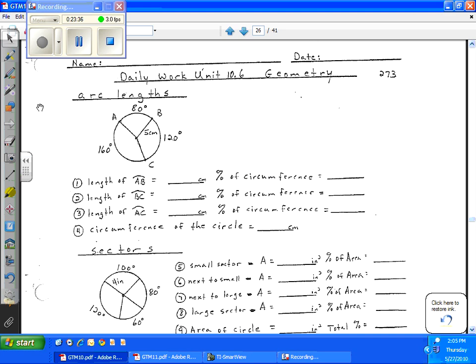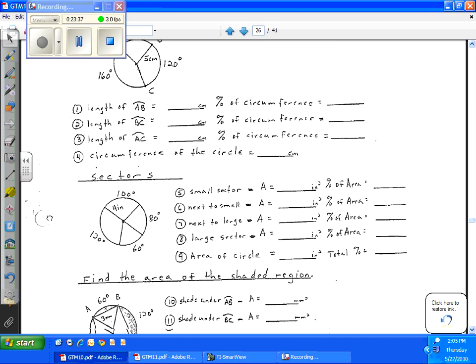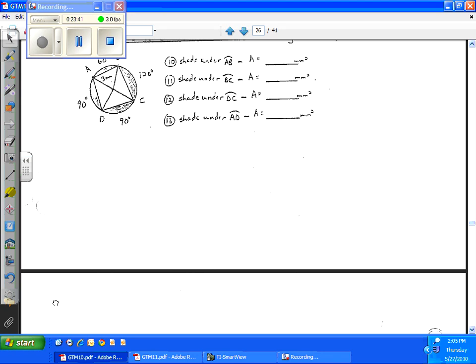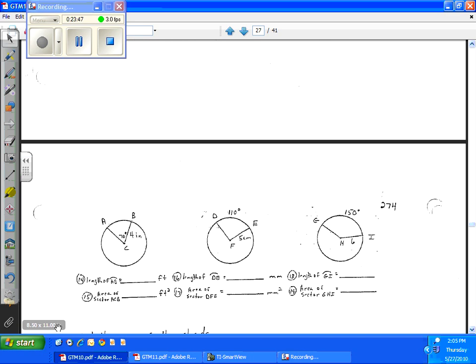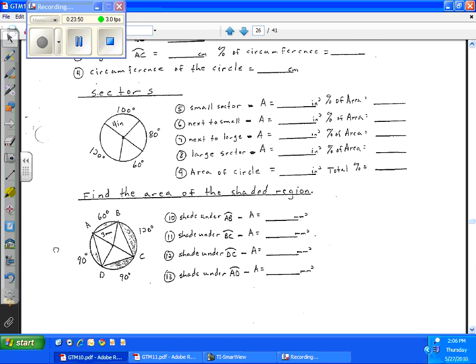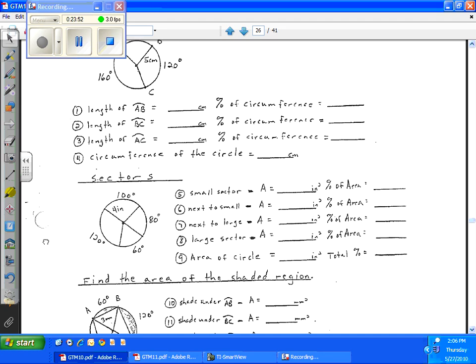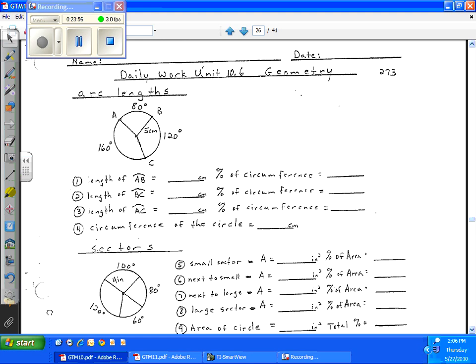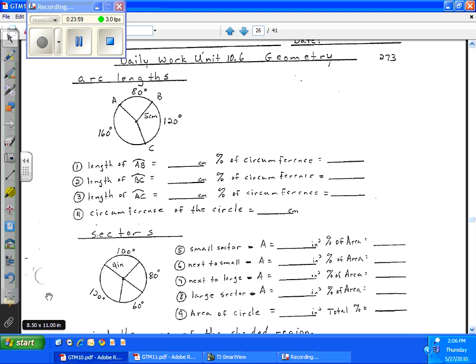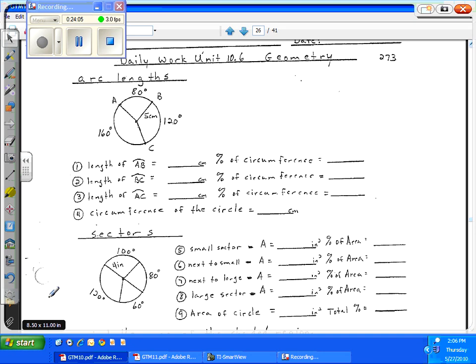That brings us to the daily work. We have 2 or 3 of this same scenario, and then we've got a bunch of other little things. So let's just do the first set. We want the length of arc AB.